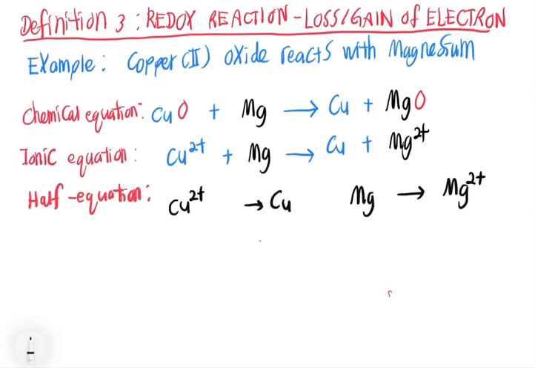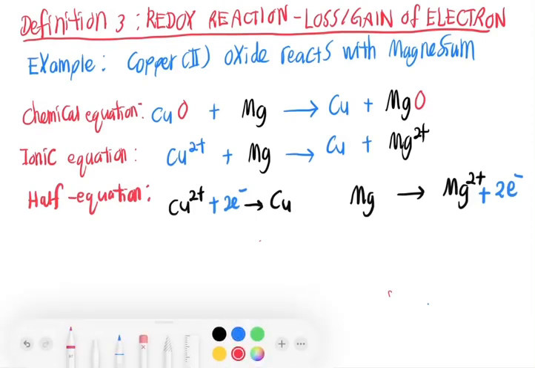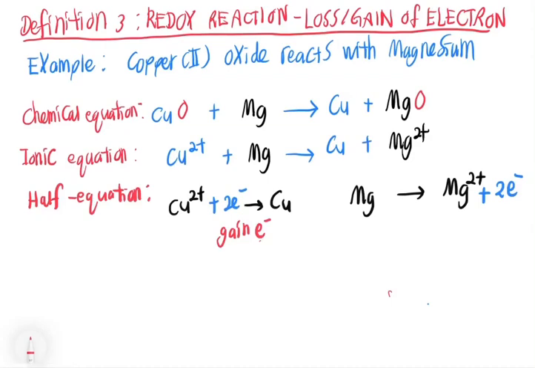Cu2 plus becomes Cu by accepting or gaining electron, and Mg becomes Mg2 plus by donating electron or losing electron.